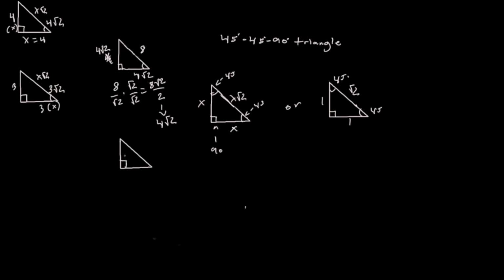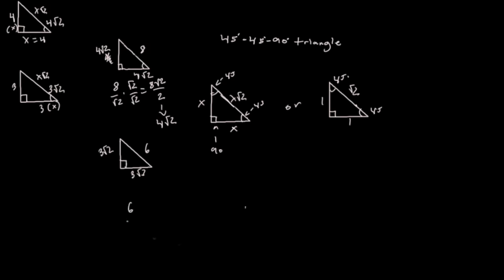Another situation I'm going to show you is when you're given all three sides, but you have to figure out whether it's a 45, 45, 90. So if you're given a hypotenuse of 6, and two leg side lengths of 3 root 2 and 3 root 2, first of all, you divide the hypotenuse by root 2 to see if you get the same x value for both of these legs.